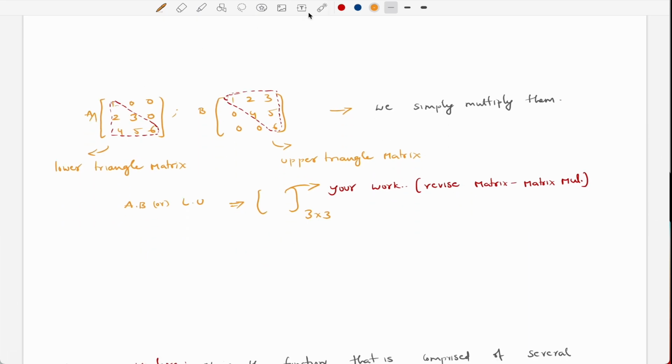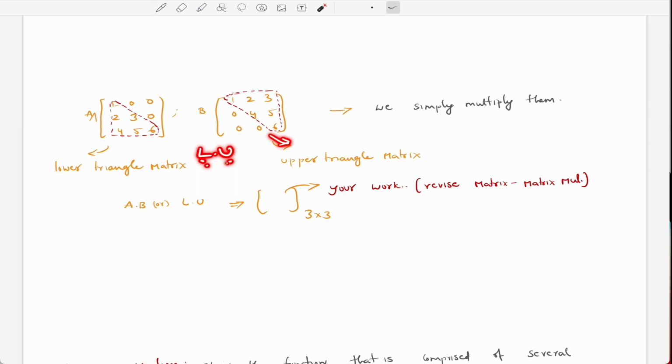I have given a practical example. We have the A matrix and the B matrix over here. We take the lower triangle here and the upper triangle here. We simply take the product: LU means lower into upper.